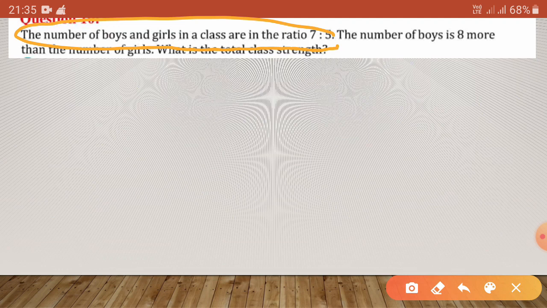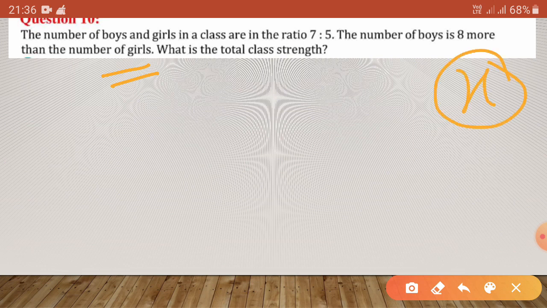Got it? Then the statement is, the number of boys is 8 more than the number of girls. It is important, because here the number of boys is dependent on girls. So as the number of girls is not dependent, you can assume the number of girls as x here. Then we can find out the number of boys, because the number of boys is 8 more than the number of girls.